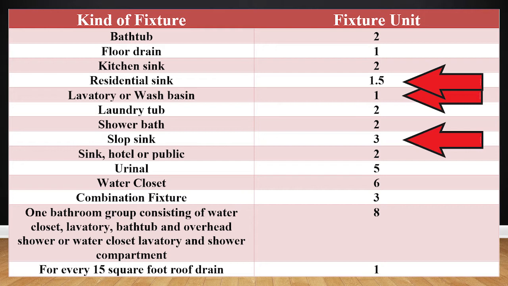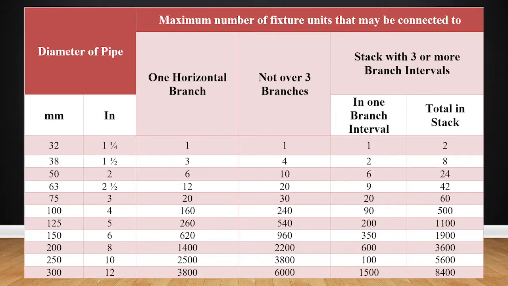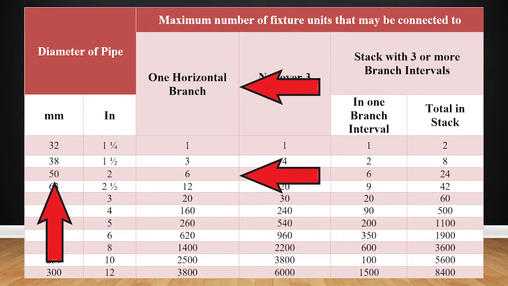All the fixtures are only 1 piece, so the total is 5.5 units. Under column 1, horizontal branch, the 5.5 fixture unit is nearest to the value of 6. Under column 1, a 50mm pipe will be satisfactory to drain all the 3 fixtures. So, 50mm diameter size will be used for the horizontal branch waste pipe.